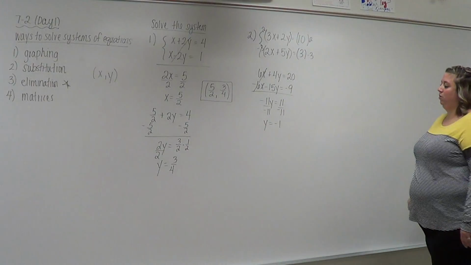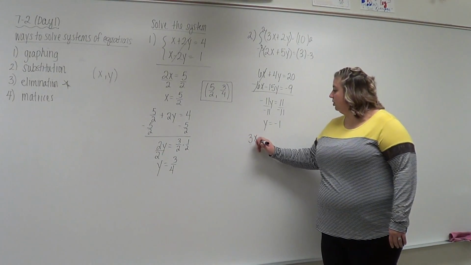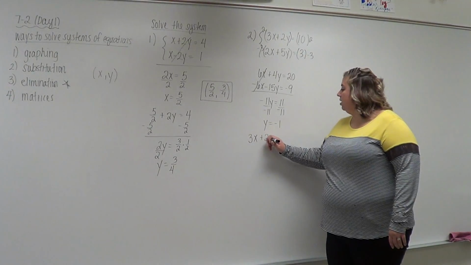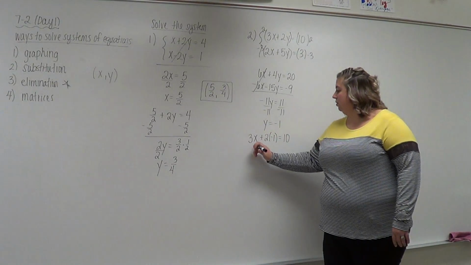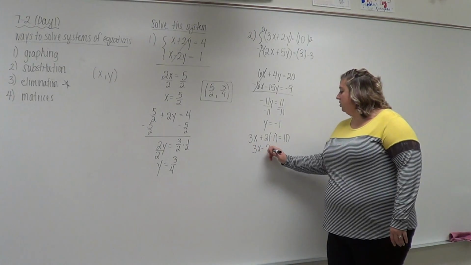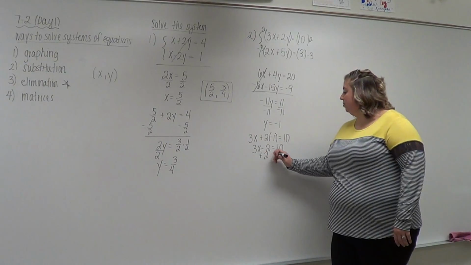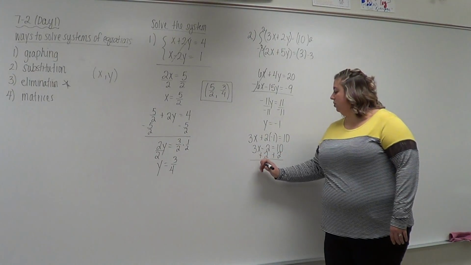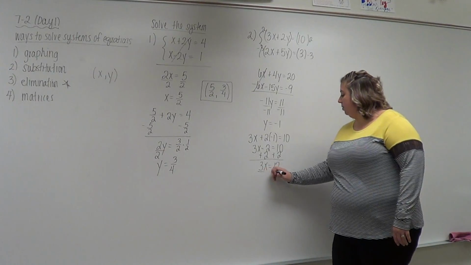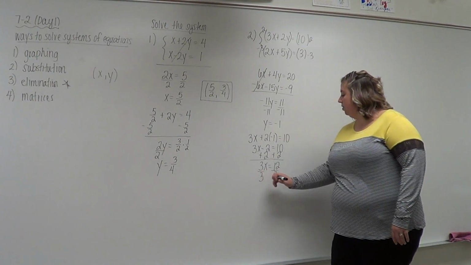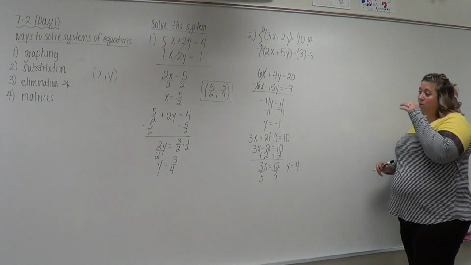First equation or second? First. So I'd have 3x plus 2 times negative 1 equals 10. So 3x minus 2 equals 10. Add 2. So 3x equals 12. Divide by 3. x equals 4. So what would my point be?